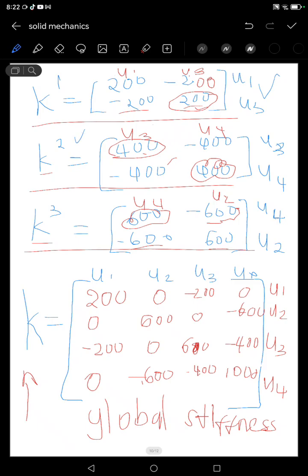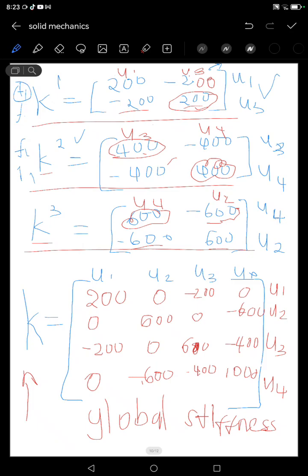On the left hand side, we're going to have F1 and F2, and then you determine the value of F1 and F2. F1 is equal to 200 U1 minus 200 U3. Remember, you've already calculated the value of U3, so you just substitute the value of U3, and you know that U1 is 0. And then you get the reaction at F1.